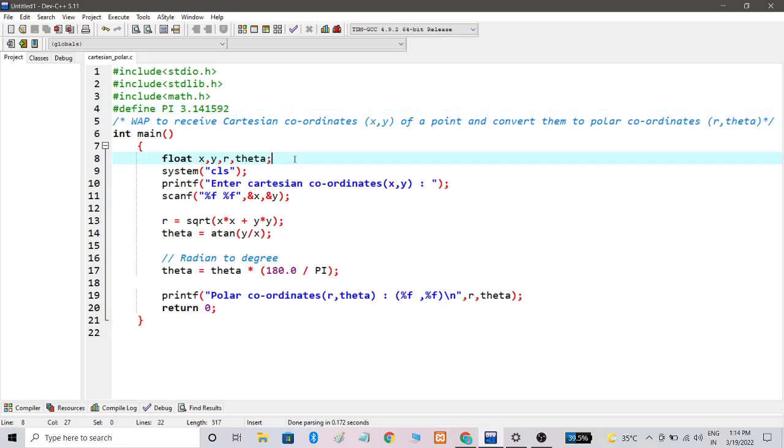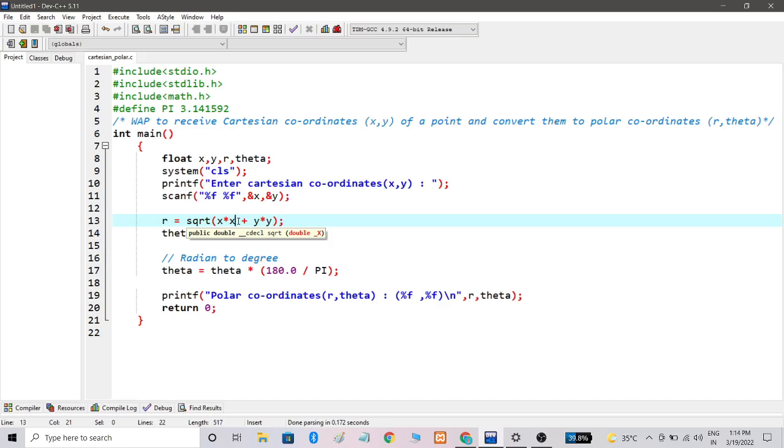Now these are the variables for Cartesian coordinates and for polar coordinates. Next, first we are going to enter the Cartesian coordinates, passing their addresses, and this is the first math function we are going to use, called square root. You can either write here x into x, or you can use the predefined mathematical operation power, x comma 2, because in the formula it is x square plus y square.